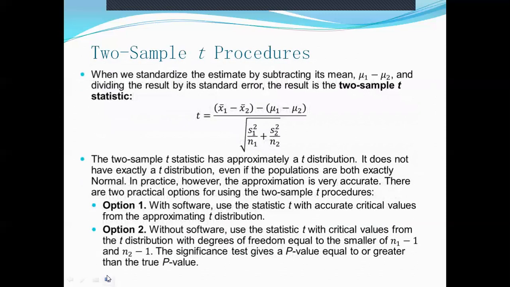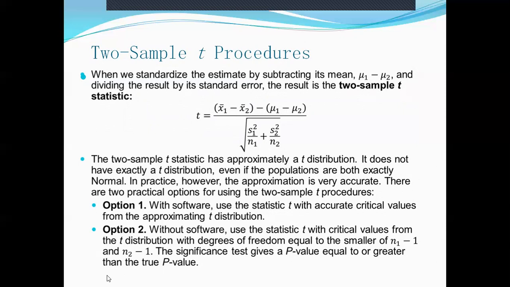When we standardize the estimate by subtracting its mean, mu1 minus mu2, and dividing the result by its standard deviation, the result is the two-sample t-statistic, where t equals the difference in the sample means minus the difference in the population means, divided by the standard error of the difference.